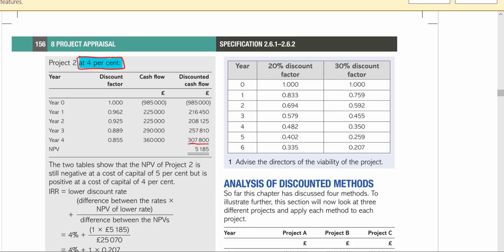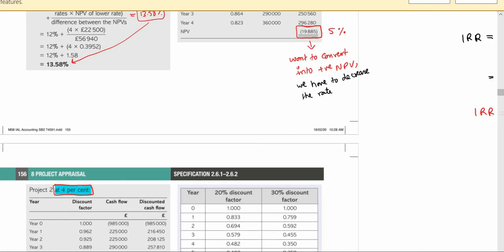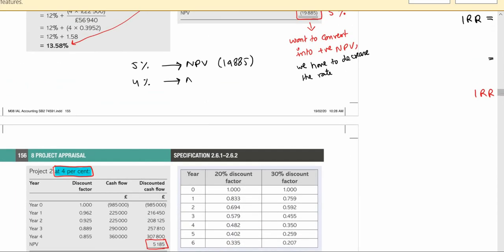At 4% you can see it becomes positive. So the learning point here is at 5% the NPV is negative 19,885, but when we decrease the rate, the NPV becomes positive 5,185. So our IRR is in between 4% and 5%.